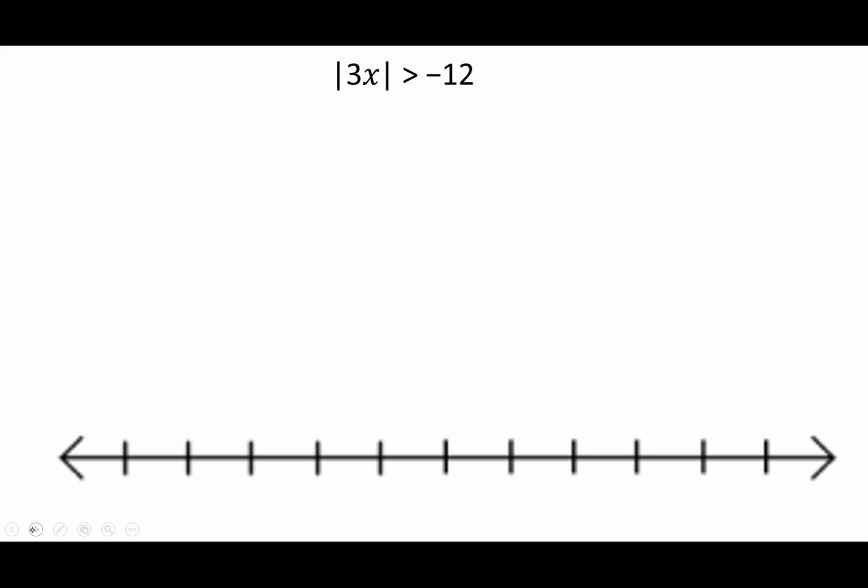All right, and our final one, we've got the absolute value of 3x is greater than a negative 12. So my absolute value is already isolated, so I can take 3x greater than a negative 12, it's an or, and 3x less than 12.